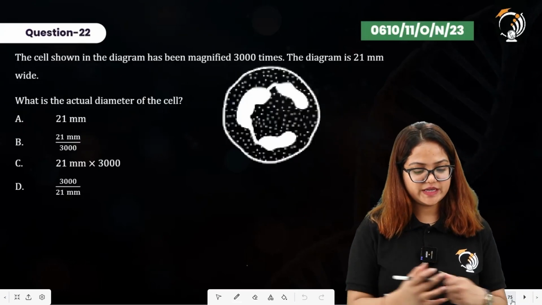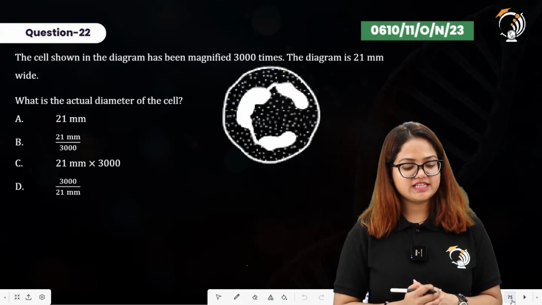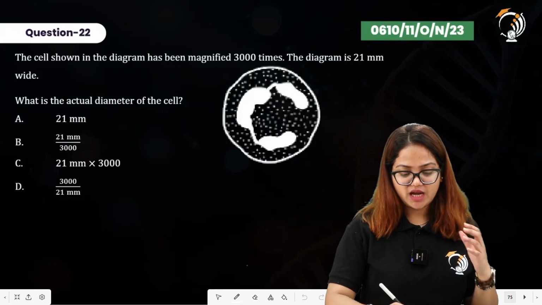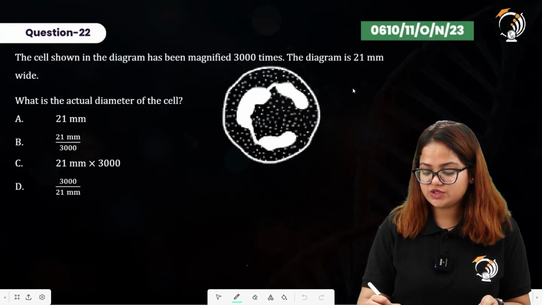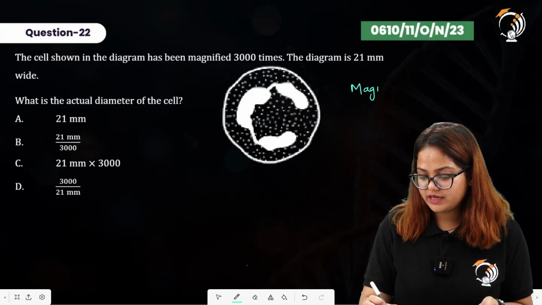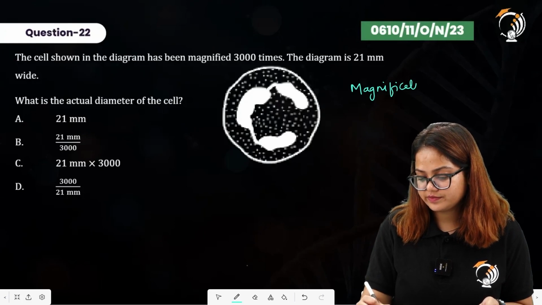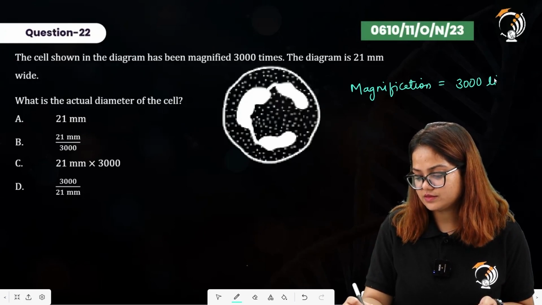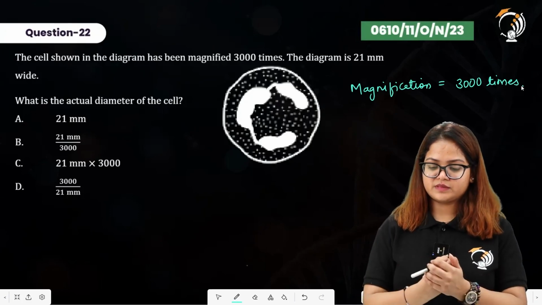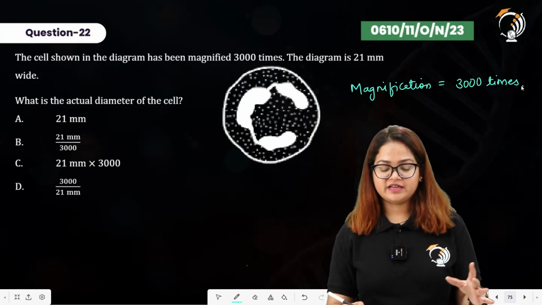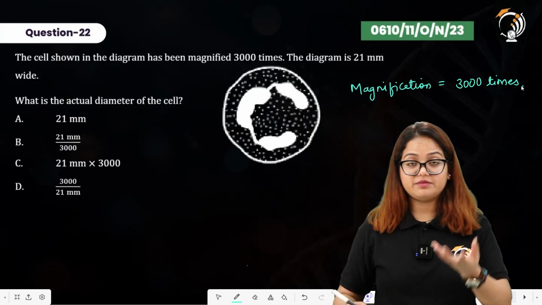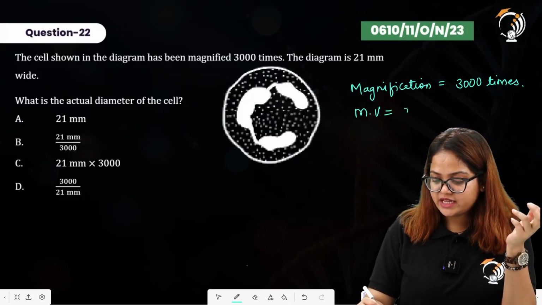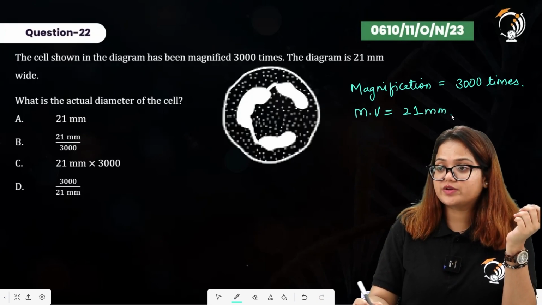Just another question here. Question number 22 says, the cell shown in the diagram has been magnified 3000 times. We have got the magnification here, 3000 times. Diagram is 21 millimeter, and you have already understood that by the diagram we mean that the magnified value is present as 21 millimeter over here.